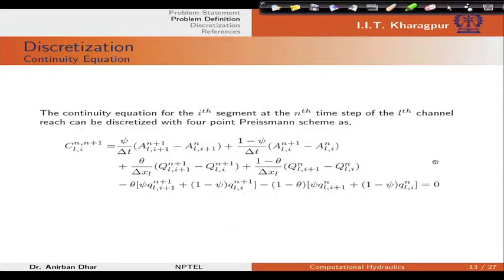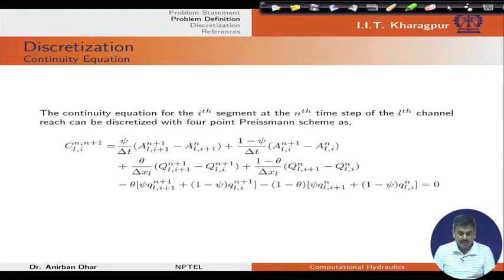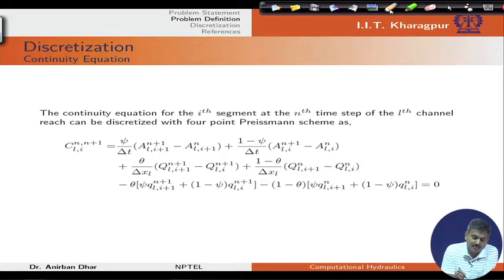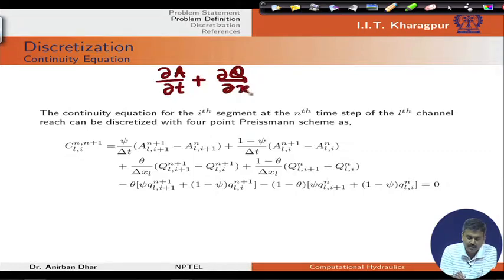Now, we need to discretize our continuity equation first. So, the continuity equation was del A by del t plus del Q by del x minus q equals to 0.